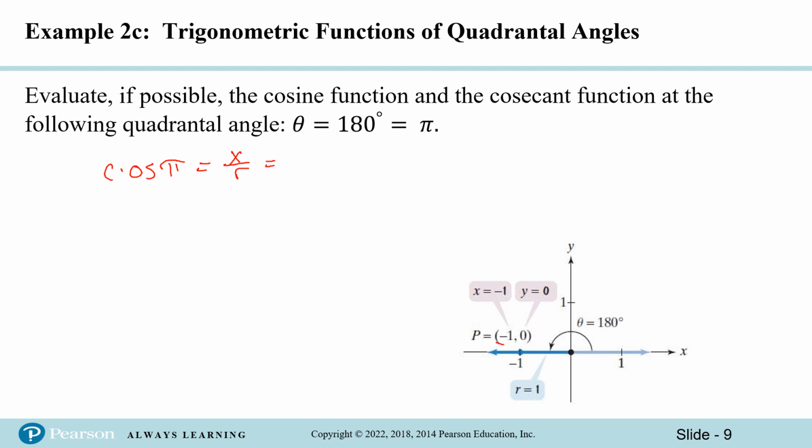My x is negative 1 over 1 equals negative 1. The cosecant of pi is 1 over the sine of pi. 1 divided by the sine, the y value, which is 0, and this is undefined.